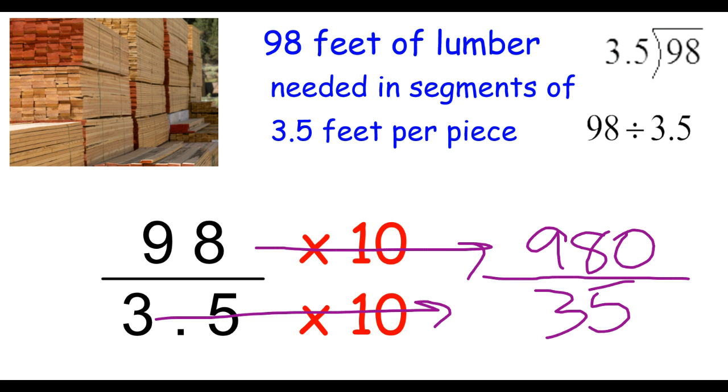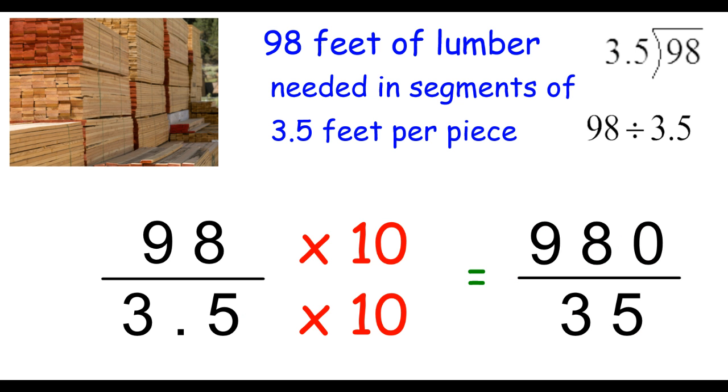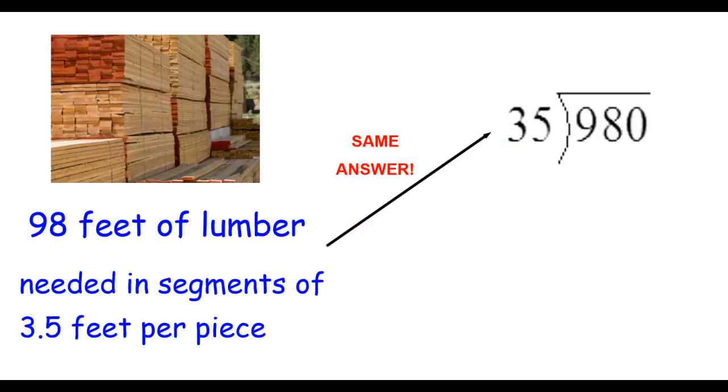And so we find out that 98 divided by 3.5 is actually the exact same division, or gives you the exact same quotient as 980 divided by 35. And so we're going to use that idea, just with a little bit of a shortcut, to find that division for us. So 98 divided by 3.5, the same answer as 980 divided by 35.